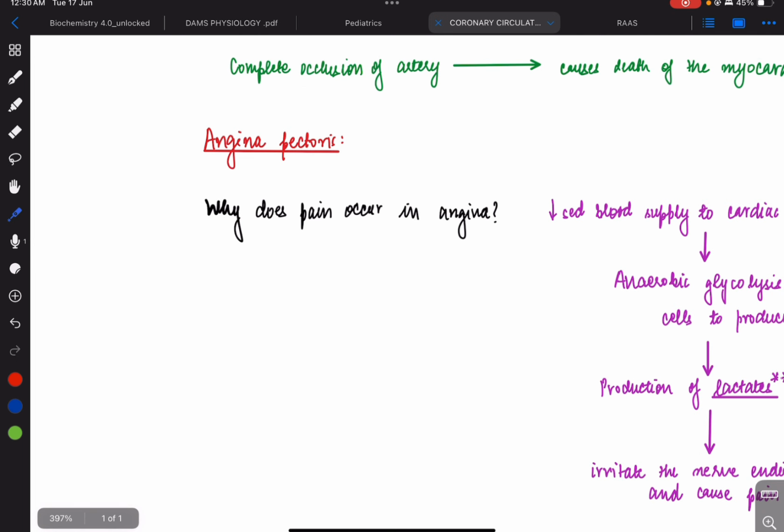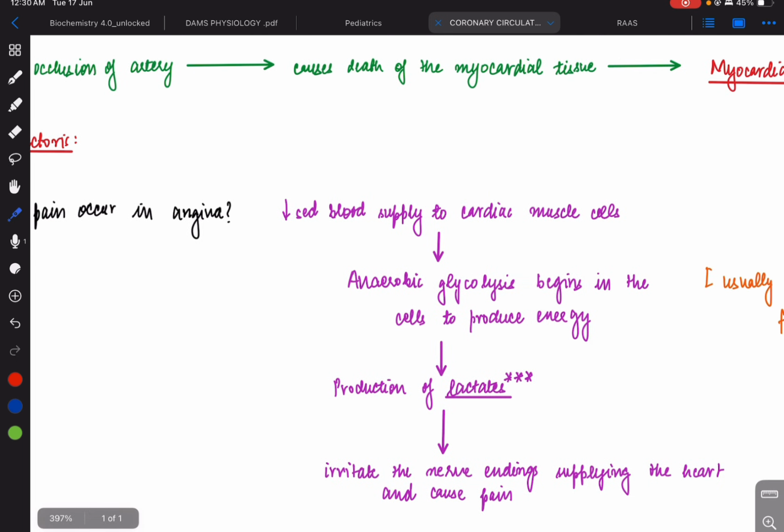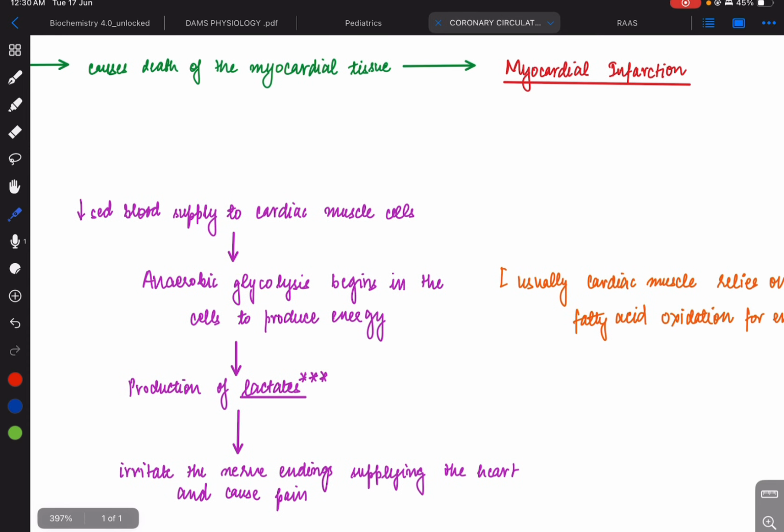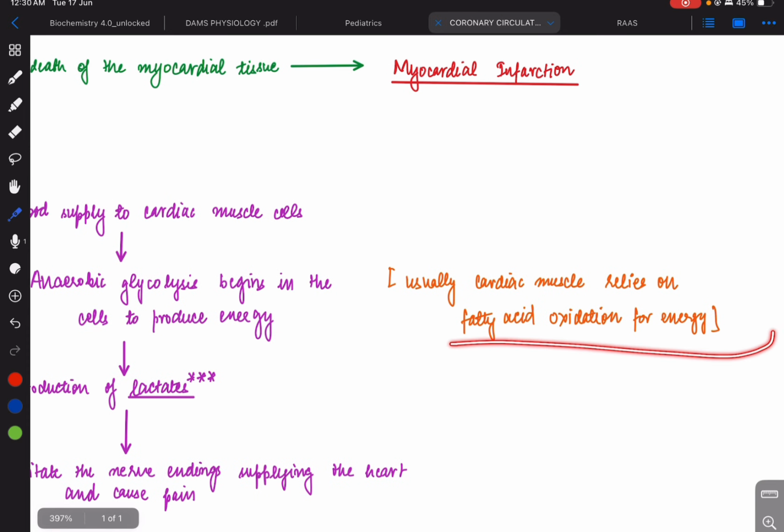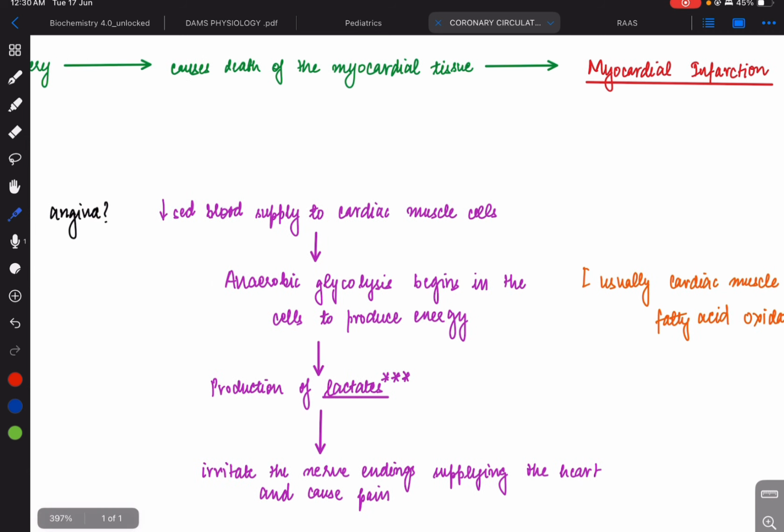So let us first discuss why there is pain in angina, right? Normally the heart muscle uses fatty acids for energy production, as we know that even a single fatty acid can yield up to 30 to 40 ATPs. On the other hand, glucose needs to be metabolized in a much more complex form to release ATP, right?